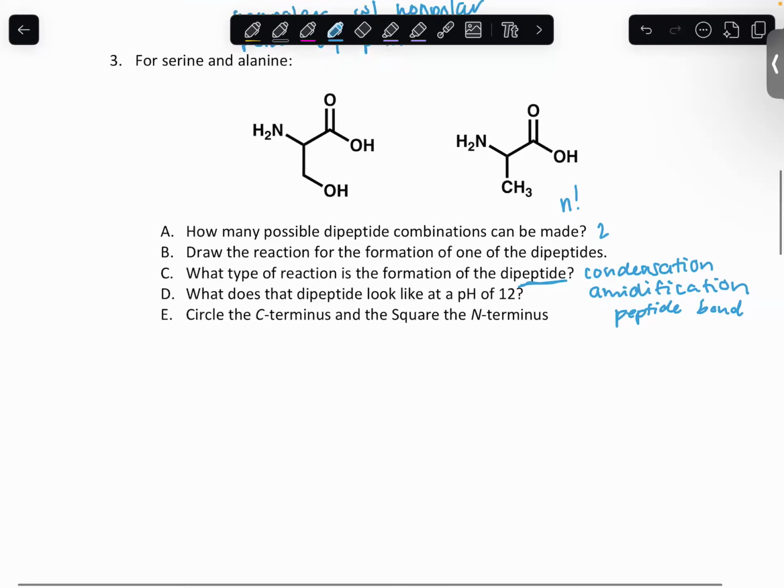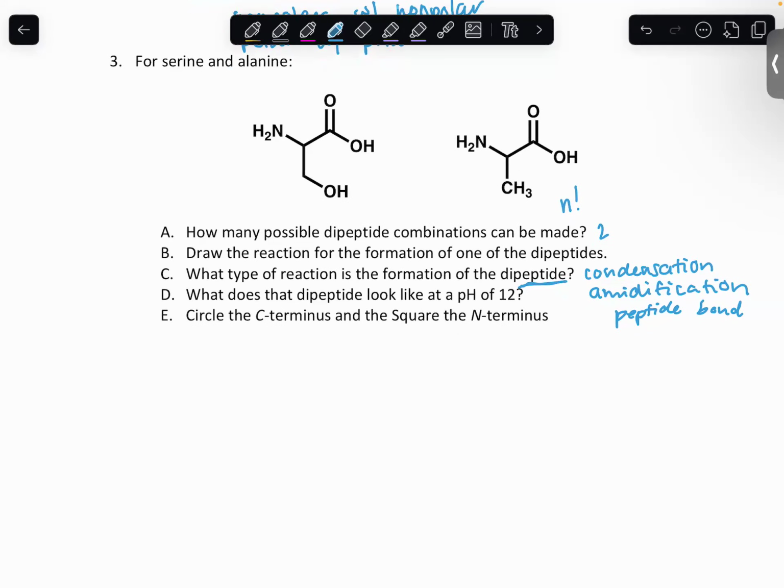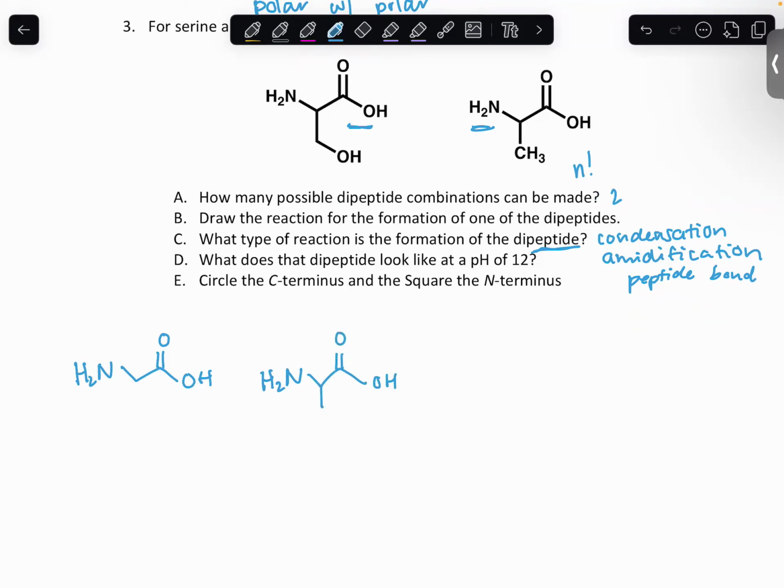So, how would these two come together? Where will they connect? What are the key functional groups here? Yes, the amine and the carboxylic acid. So we can take our structures in a condensation reaction. What is one of our byproducts always? Water.